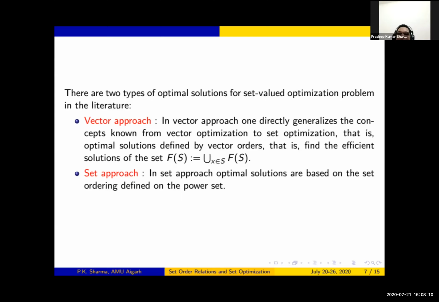Basically, in vector approach, solution concept depends on only one element of the image set F of S. And there is another approach which was introduced by Kuroiwa in 1997 and plays a very crucial role to study set optimization problem. And this approach is based on the comparison among the values of the objective function, which is a set valued map.